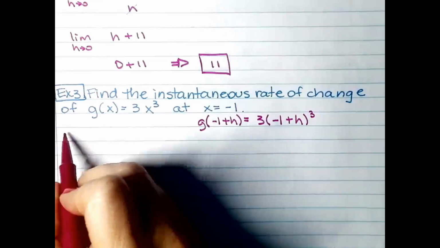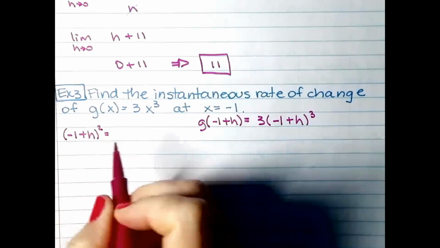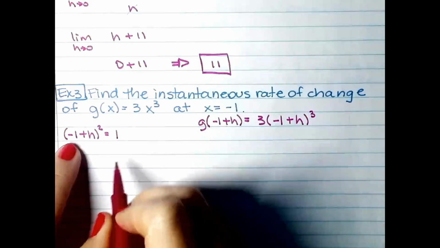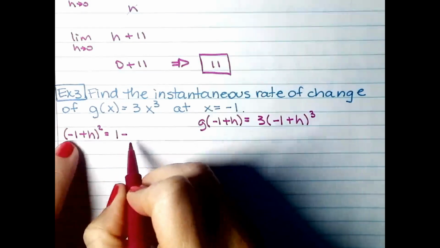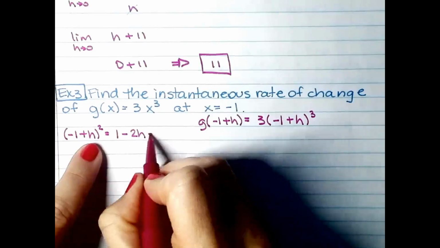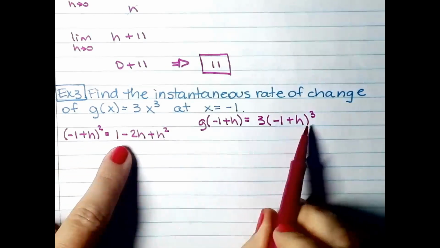So I know negative 1 plus h squared is you square the first, you multiply 2 times the first times the second. It's just a formula. Okay? But now I need to do it 3 times.